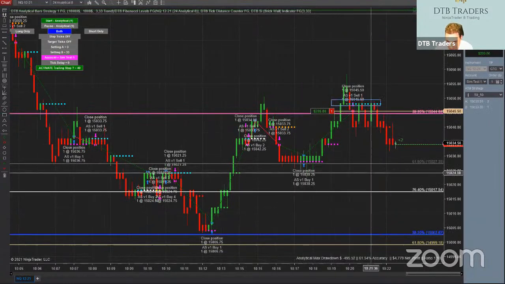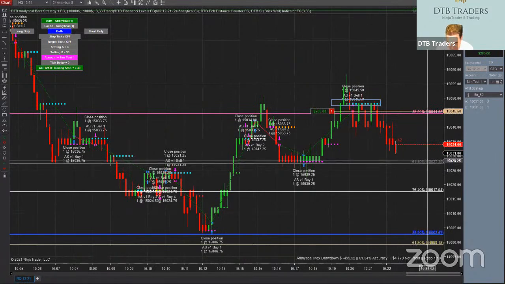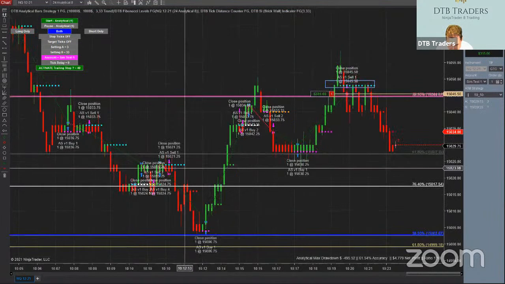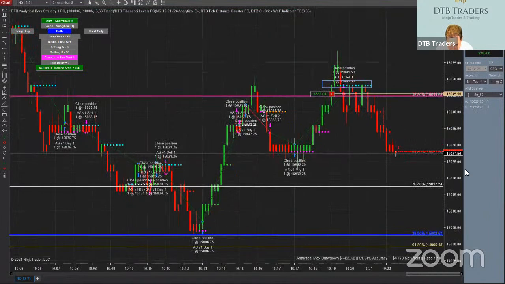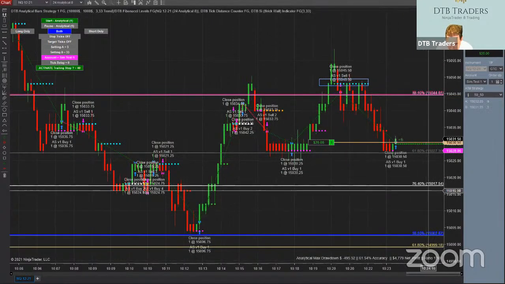So we may even come back to the 61.8, which is right over here. The price kind of faltered at that earlier. So we're back there again right now. But remember, the next strong level is actually the 76.4.